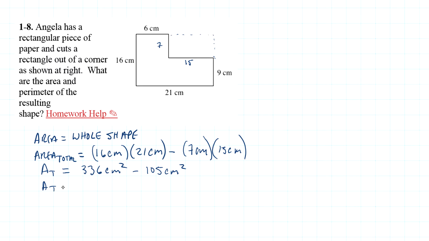And the area of the total region is 336 minus 105, which is 231. So this is 231 centimeters squared. Okay, so that's the area.